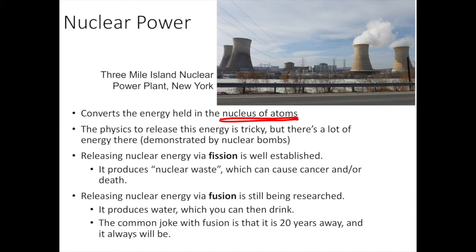And actually, some compositions of neutrons and protons are more stable than others, and some of them store more energy than others, right? So if you have particularly a very large nucleus, it actually wants to break up into two nuclei, and when it does that, it will release energy.